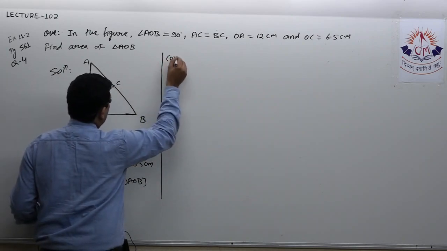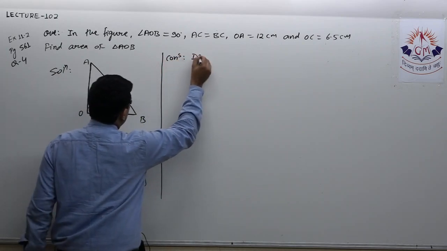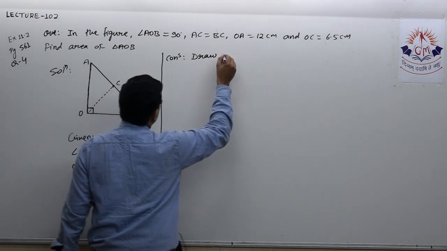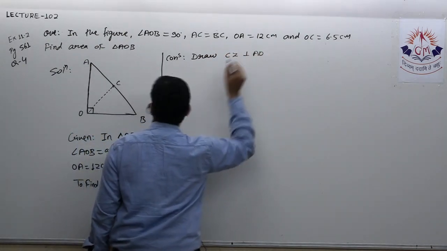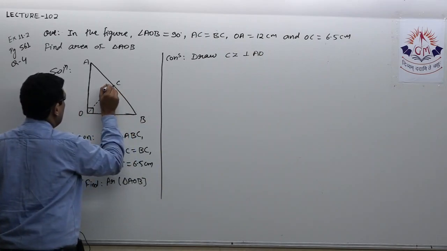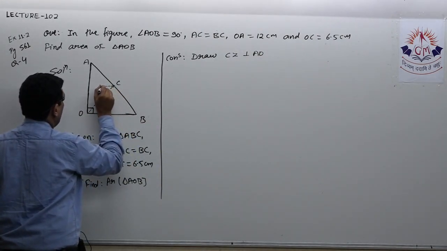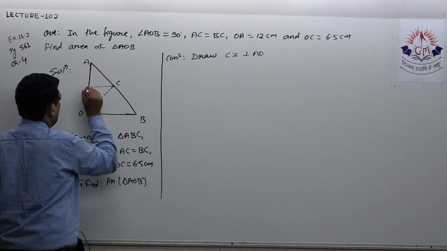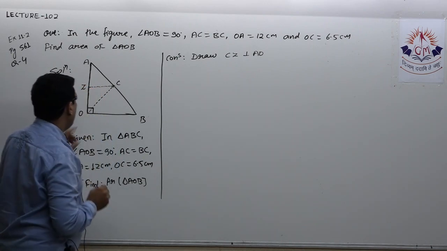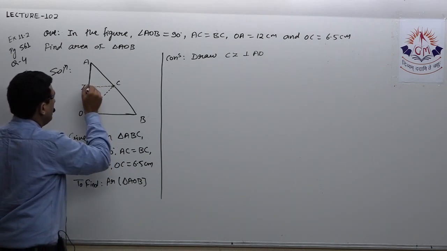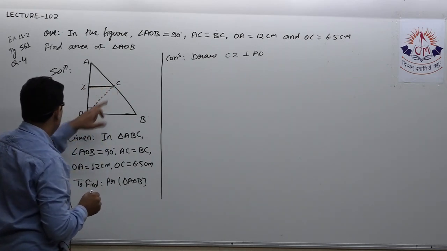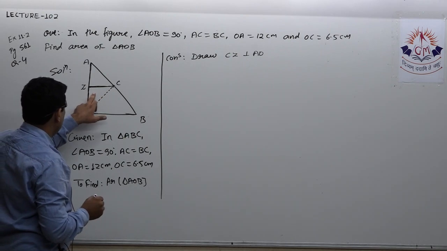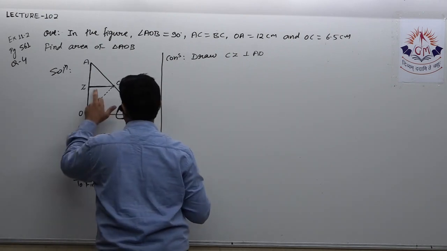A small construction is required. Draw CZ perpendicular to AO, or simply I can say draw CZ parallel to OB. It will be better if I draw the parallel.